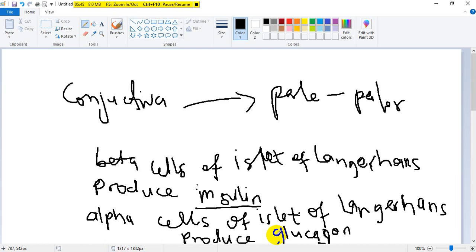So glucagon is a hormone that is produced by the alpha cells of the islet of Langerhans of the pancreas, and the glucagon will now break glycogen down into glucose units, which will be broken down through glycolysis to release pyruvate. Glycolysis will release 2 ATPs. It will go through the Krebs cycle to release some energy. It will also go through oxidative phosphorylation to release about 34 units of ATPs.